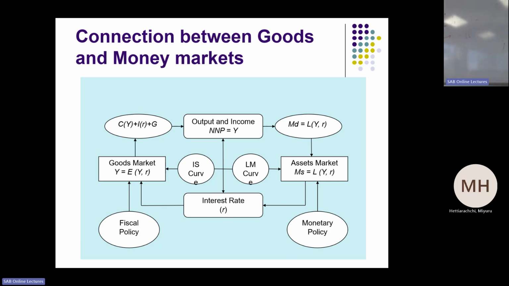These are very interesting, and you can think about them when you talk about these policies and analyze the effect on macro variables.